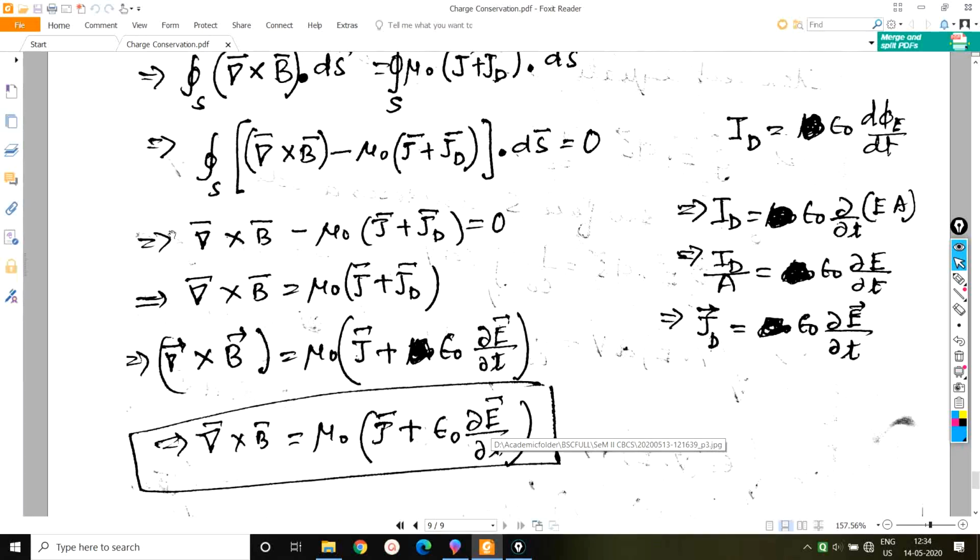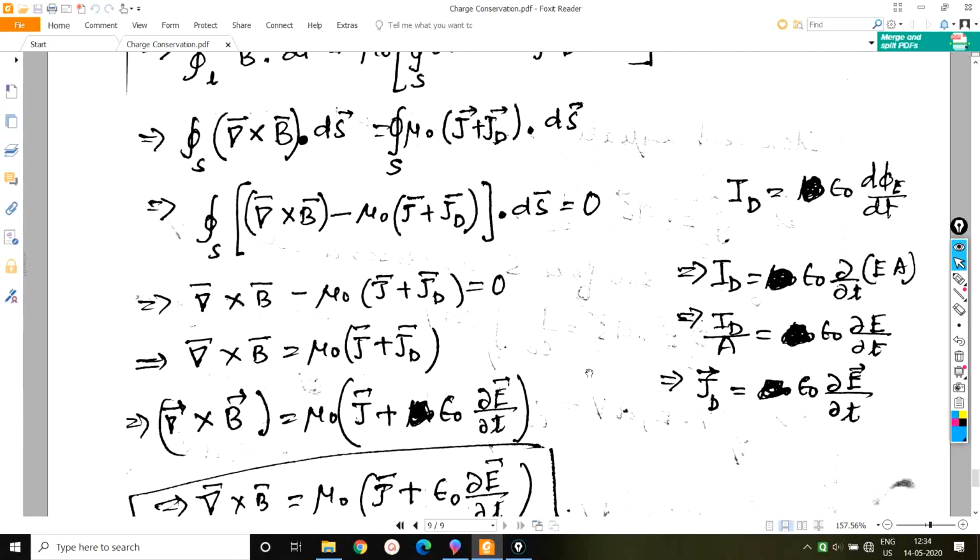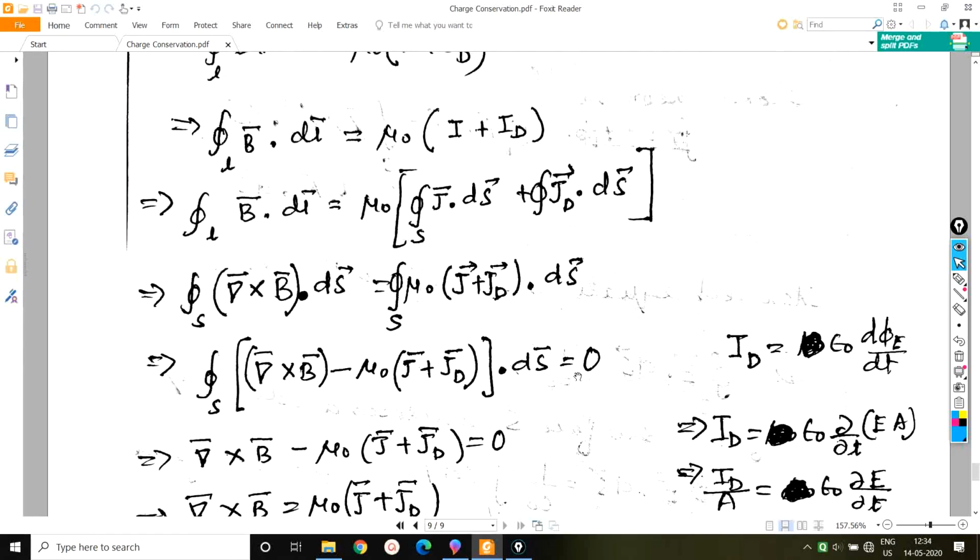But since, as per your syllabus, you are asked to learn the basics of Maxwell's equations, we have tried to be as precise as possible with as much simplicity. That is the main basic objective of this lecture, to get these equations in a simple way.